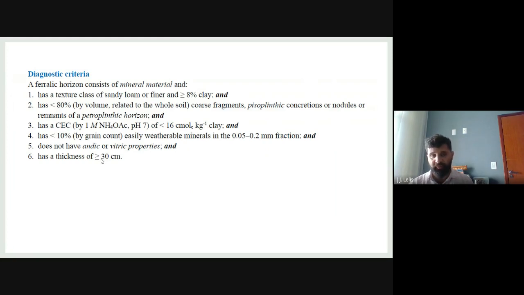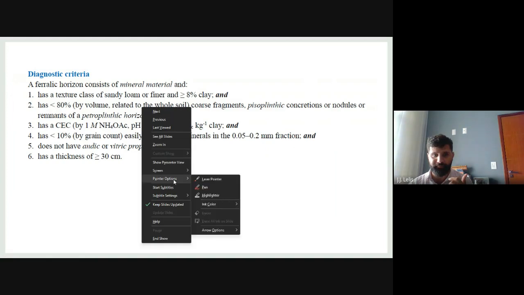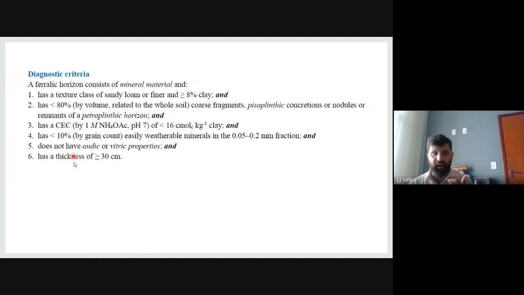So the ferralic horizon possesses a high thickness, does not present poorly crystalline minerals, does not present a high content of easily weatherable minerals, presents low activity clay, does not present a high volume of coarse fragments or concretions or nodules, and presents at least 8% of clay or a sandy loam texture or thinner than that.